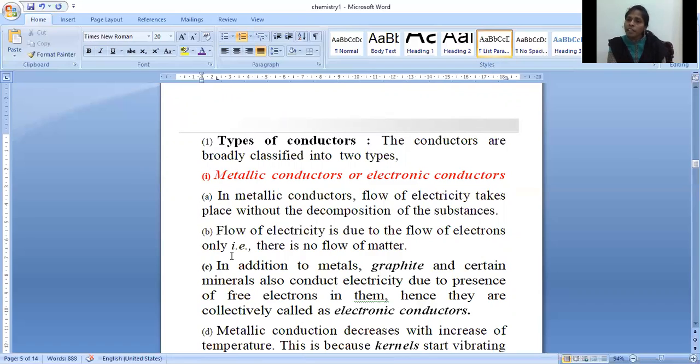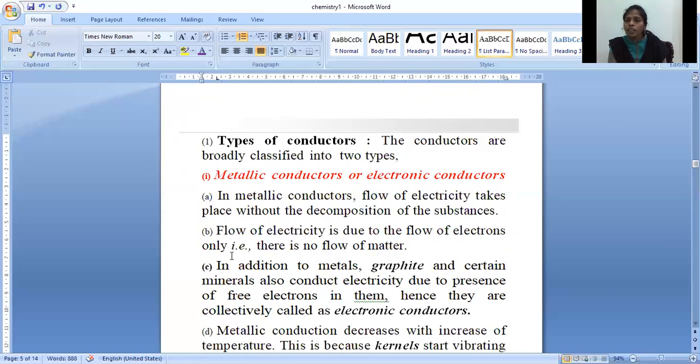Some materials pass electricity due to the mobility of electrons, whereas some pass electricity due to the mobility of ions. In a given material, electrons and ions do not move simultaneously; either electrons are moving or ions are moving in conductors.